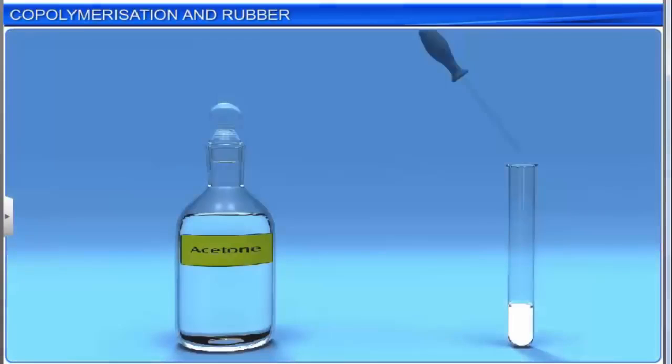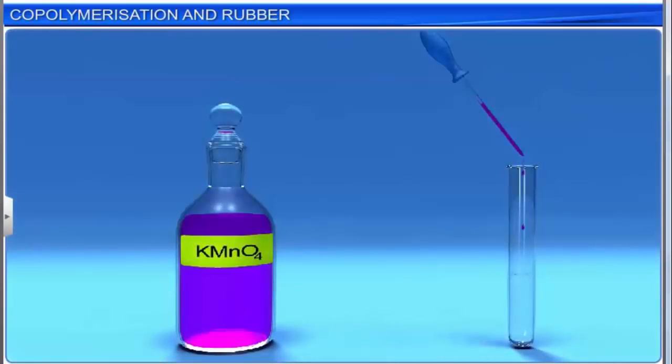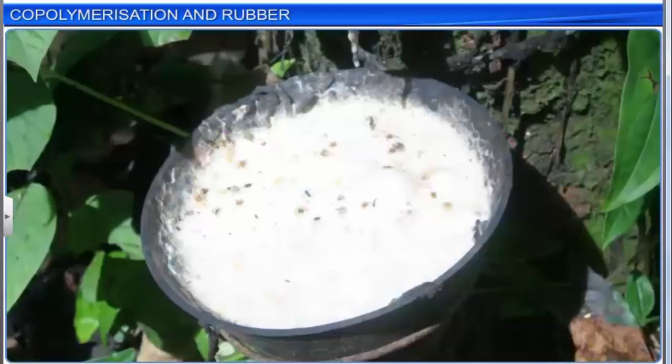It is soluble in non-polar solvents and is susceptible to attack by oxidizing agents. These properties of natural rubber limit its usefulness. Hence, to improve the physical properties of natural rubber, a process called vulcanization is employed.